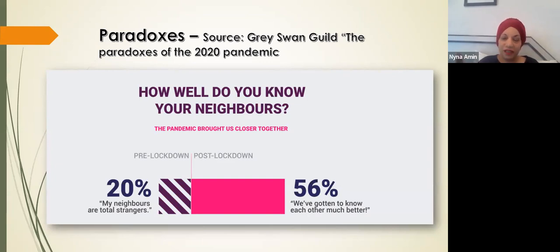So one of the findings was about how well do you know your neighbors? Before the pandemic, 20% said, my neighbors are total strangers. After the pandemic and the post-lockdown, 56% said we've gotten to know each other much better. So that is one of the positive outcomes.